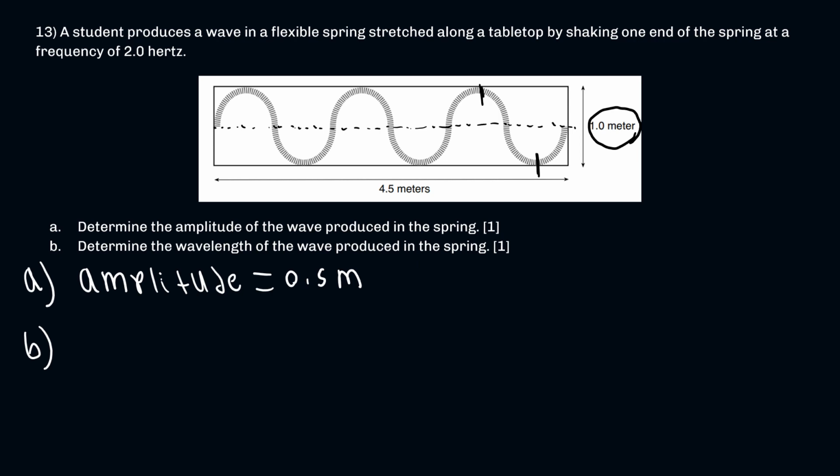That's the way I'm going to do this example here, because that's the only way that will work for this one. Since I have the 4.5 meters, that's the total length, so I can write this down here as length is equal to 4.5 meters.